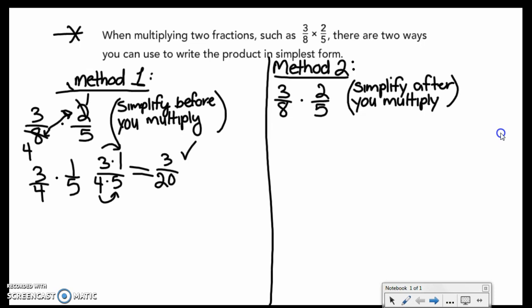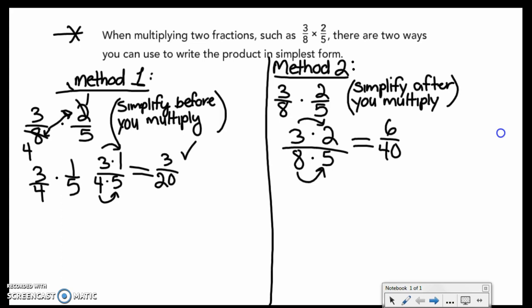You're just going to go ahead at this point and multiply your numbers together. So I'm going to create my big line. And I'm going to do 3 times 2 over 8 times 5. 3 times 2 will give me 6. 8 times 5 will give me 40.